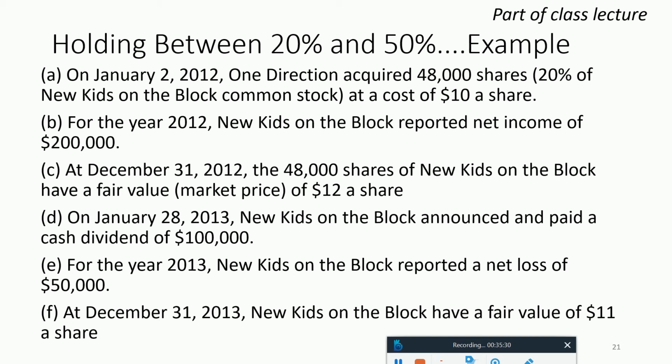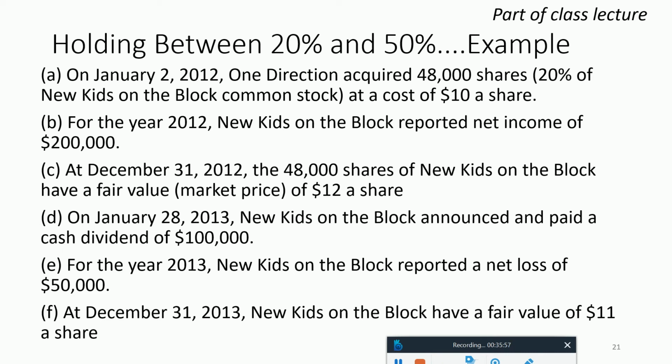And then for the year 2013, New Kids on the Block reported a net loss of $50,000. So losses reduce the equity investment. So $50,000 is the total amount. One Direction only has to take 20% of that. So the journal entry is going to be a debit to investment loss, or equity and earnings, and a credit to the equity investment.